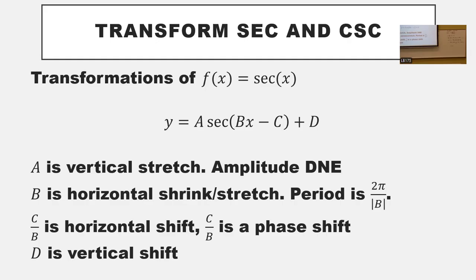Since B is our horizontal stretch or shrink, the period is now going to be adjusted by B. It's going to be 2 pi divided by absolute value of B. The horizontal shift, the phase shift is C divided by B. And then if we had a vertical shift, it'd be D.